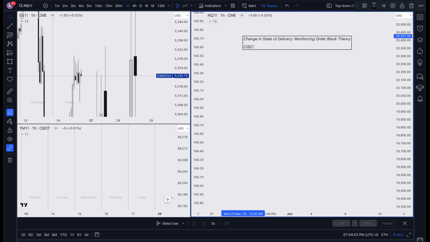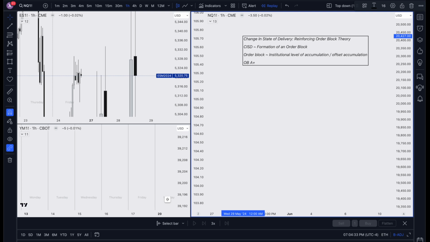A CISD is defined as the formation of an order block. An order block is defined as an institutional offset accumulation. We have a definition for an order block that's A plus.